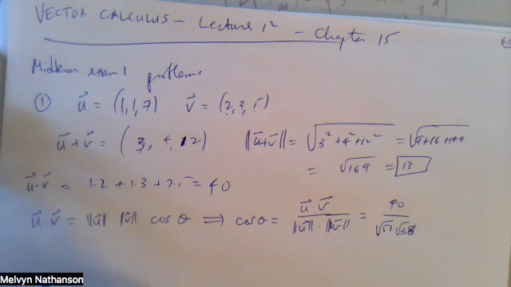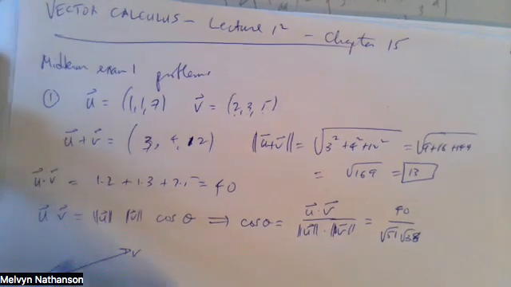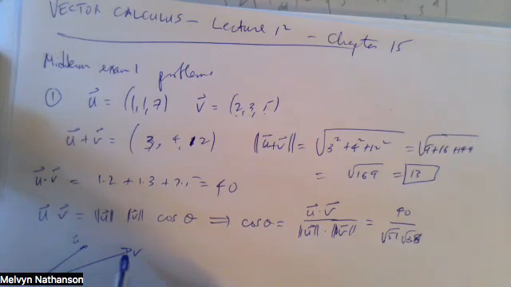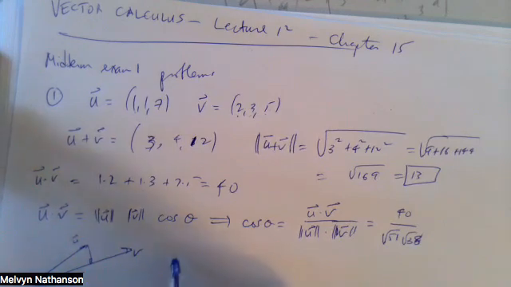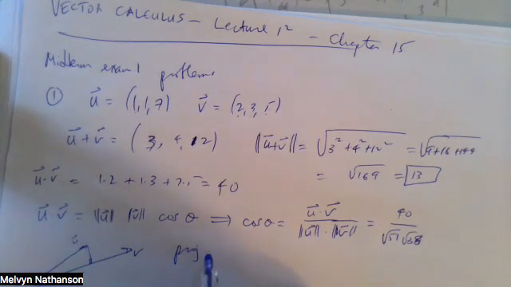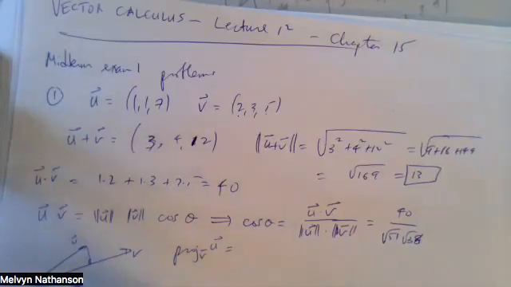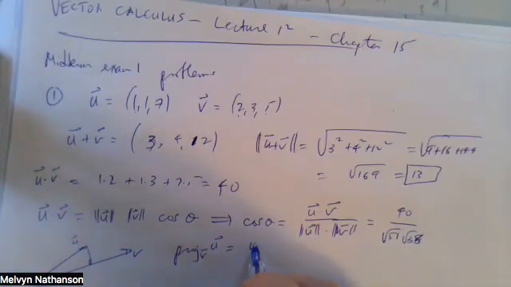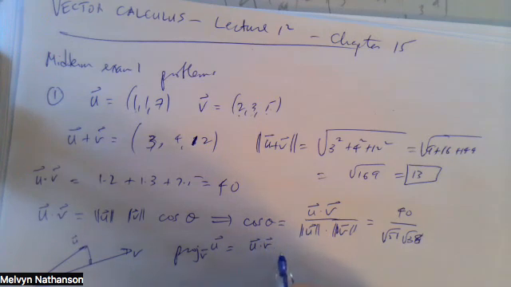And if you want to project the vector u onto v, this is the projection. The projection of the vector u onto v, it's a vector in the same direction as v. It's a certain scalar multiple of v.